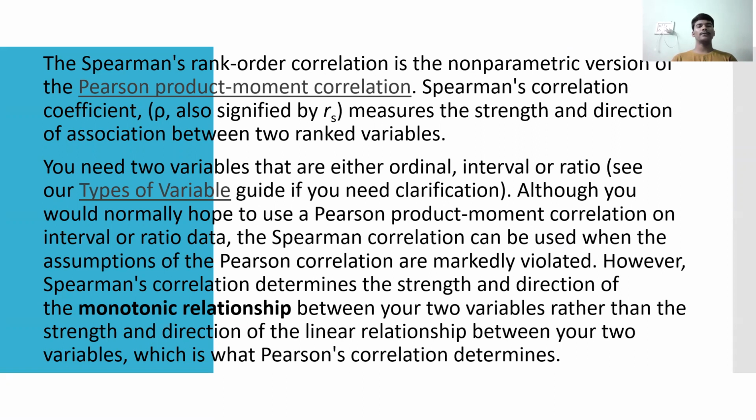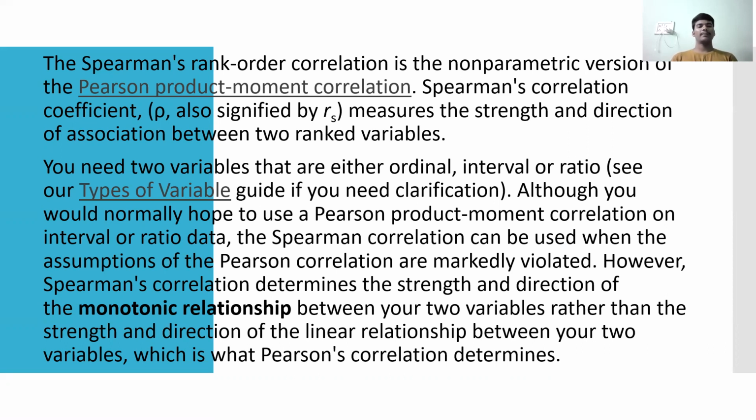You need two variables that are either ordinal, interval or ratio. See our types of variable guide. Although you would normally hope to use a Pearson product moment correlation on interval or ratio data, the Spearman correlation can be used when the assumptions of the Pearson correlation are markedly violated.